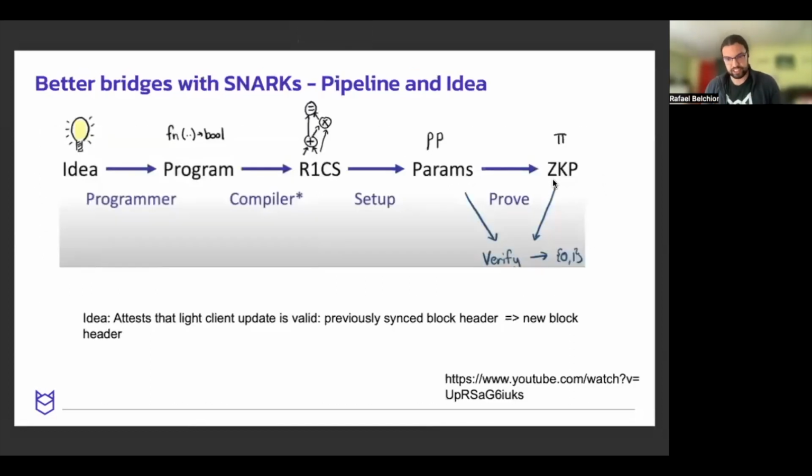So this is the general pipeline of generating a SNARK. You have an idea, which is the protocol specification. You implement it as a program. Then it does some arithmetization by transforming the program into a rank-1 constraint system. You run a public setup, which generates a couple of parameters, and then you can use the input you want and those public parameters to generate a proof, a SNARK.